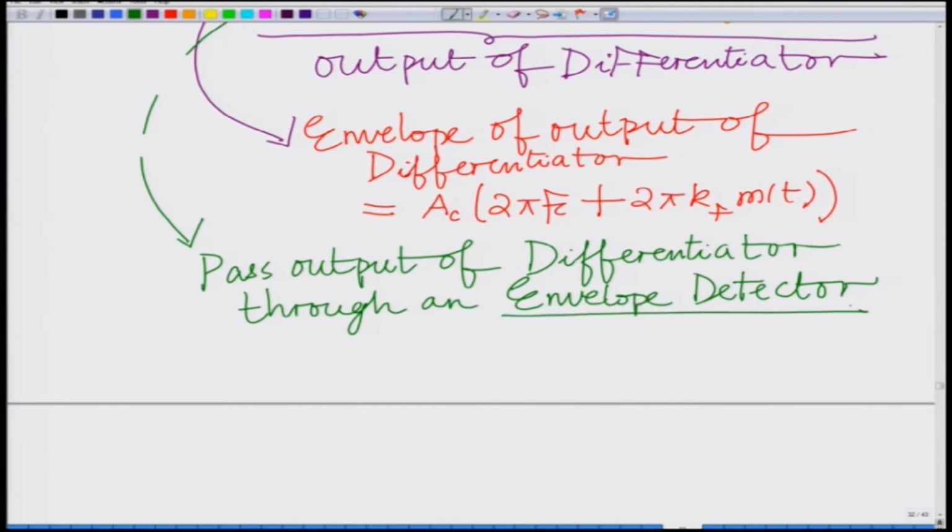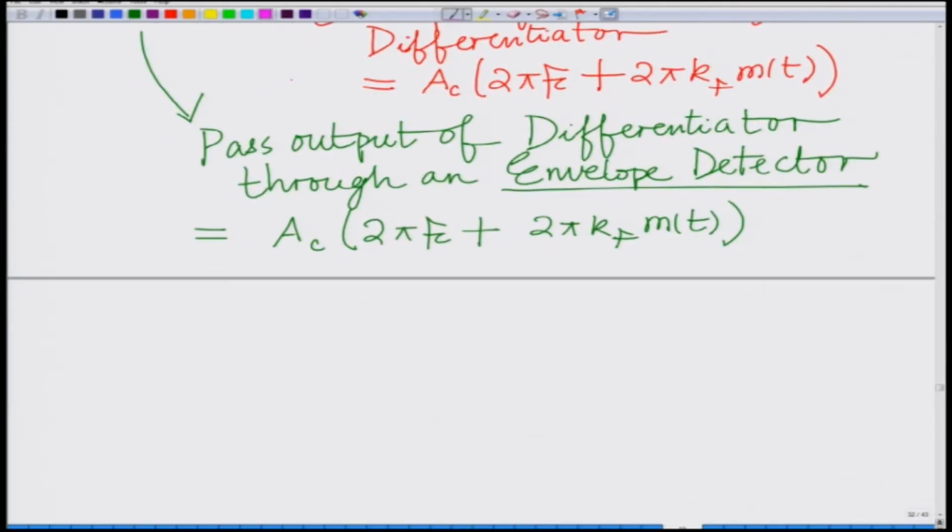The resultant net output will give us the envelope, which is basically A_C times 2 pi f_c plus 2 pi k_f m(t).